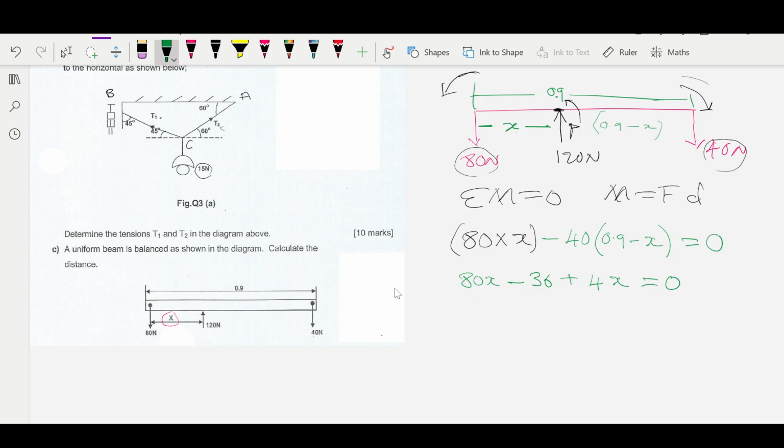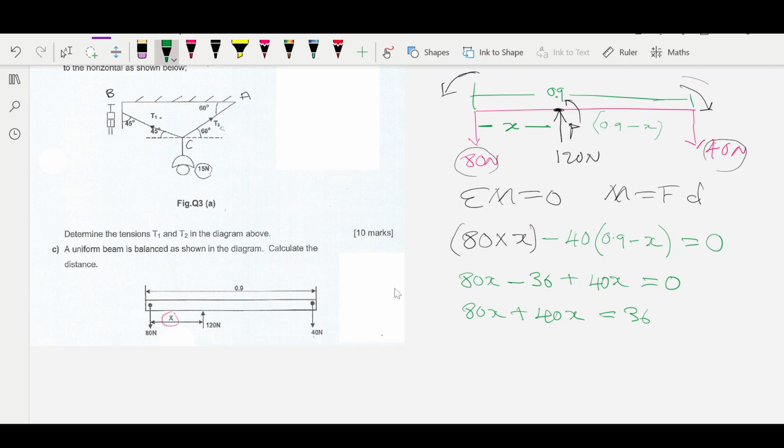So we have 80x and 40x. We can add these, then negative 36 can be taken to the other side to give us positive. So here we have 80x plus 40x equals positive 36.